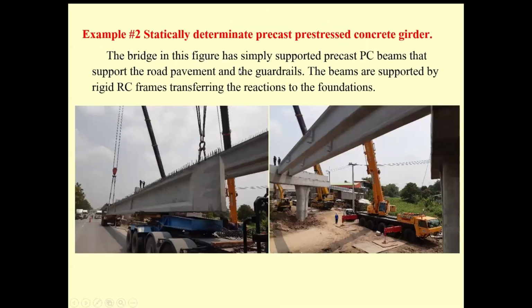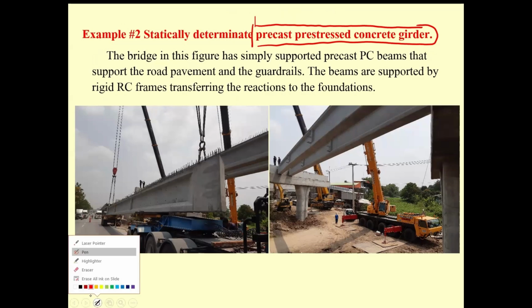Now, for the other one, task B may be a tested concrete girder. This one is used in the highway bridge. During the construction of the foundation, this beam is manufactured in the factory. At the same time, you also build the pier, and later you build what's called the cross beam.